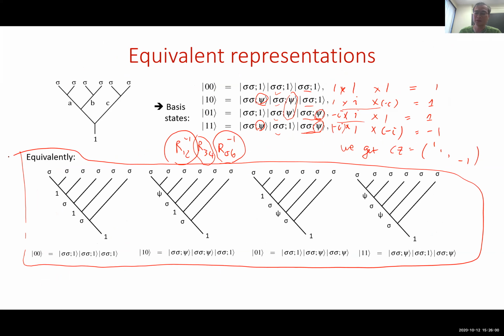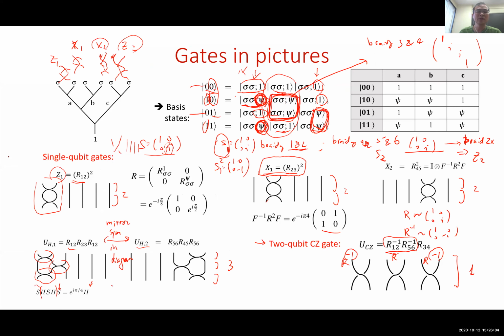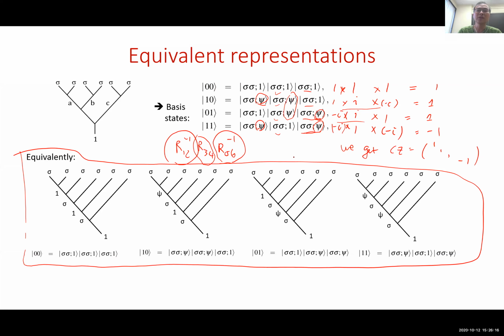But I need this in order to explain the non-trivial gate. So, for example, if I want to understand why I get an X gate on braiding 2 and 3, let me go to the next slide here.